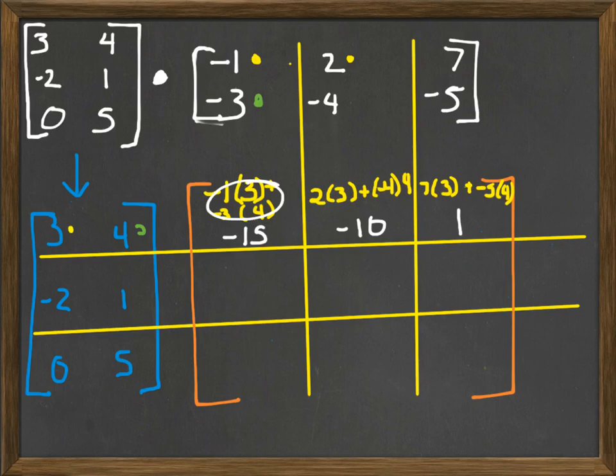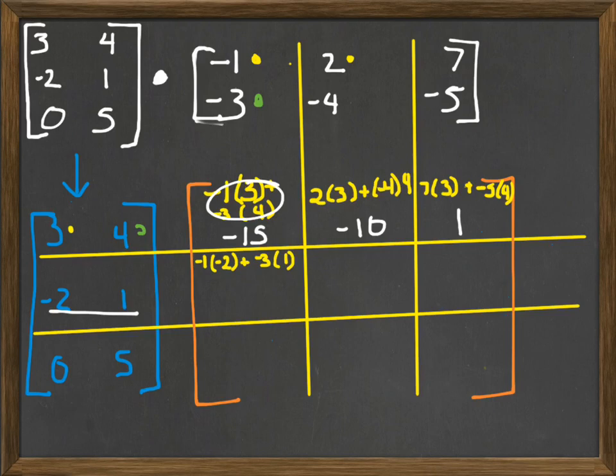Now we're going to the next row. Same process: we take the row, multiply it times the column, and add the pieces. So -1 times -2 plus -3 times 1.